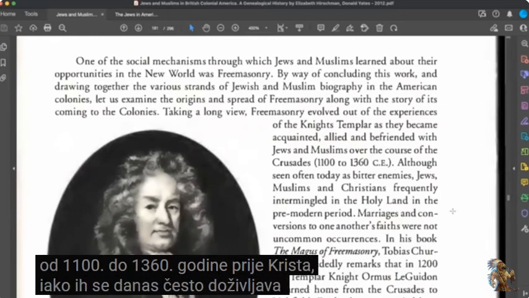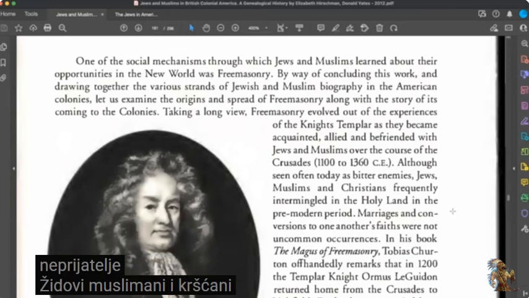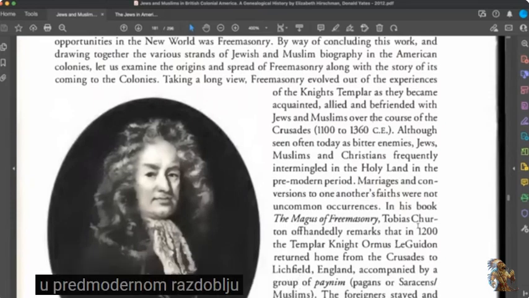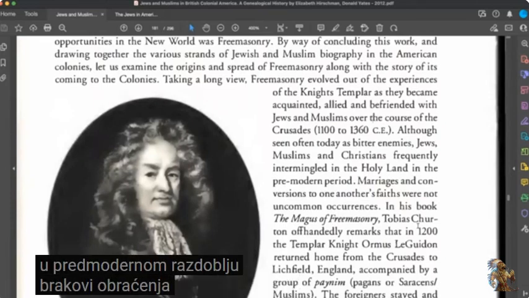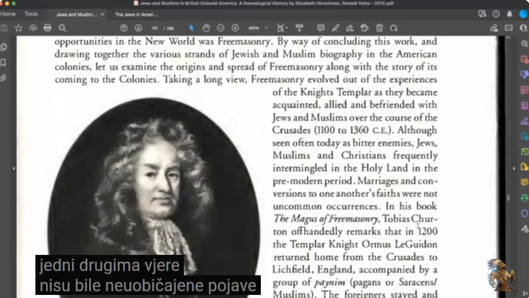Although seen often today as bitter enemies, Jews, Muslims, and Christians frequently intermingled in the Holy Land. In the pre-modern period, marriages, conversions to one another's faiths were not uncommon occurrences.